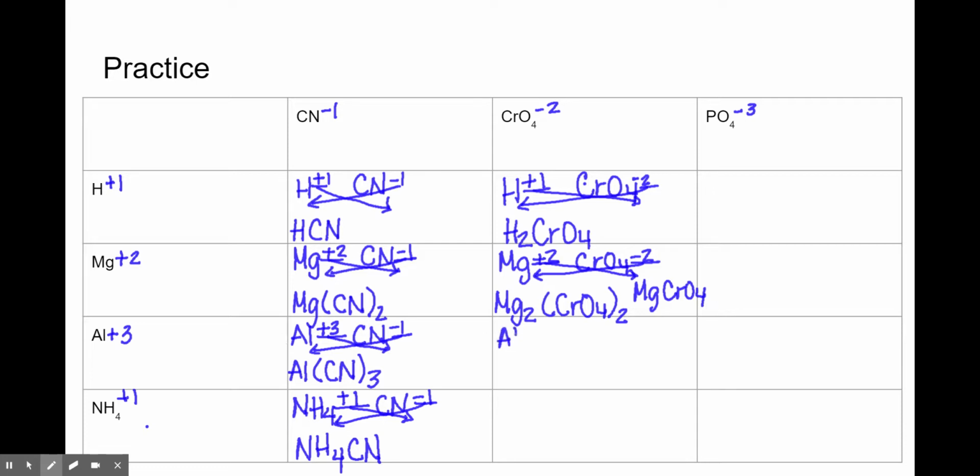Next, I have aluminum, which is +3, with my CrO4, which is -2. Cross my charges. I have Al2 with parentheses, CrO4, 3.